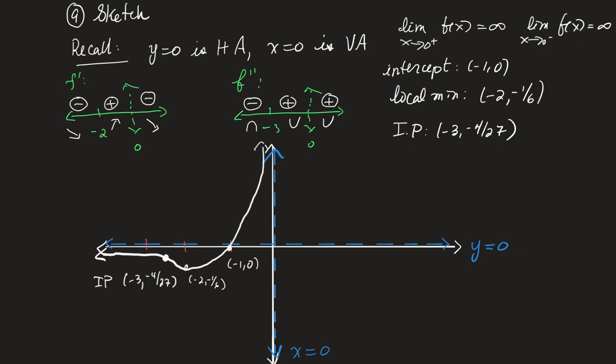Now, for the rest of this graph, I know that f should be decreasing after 0. I also know that it's concave up. And furthermore, I know that as x tends to 0 from the right, it tends to infinity. So the remainder of the graph should look like this. And it should hug that horizontal asymptote.